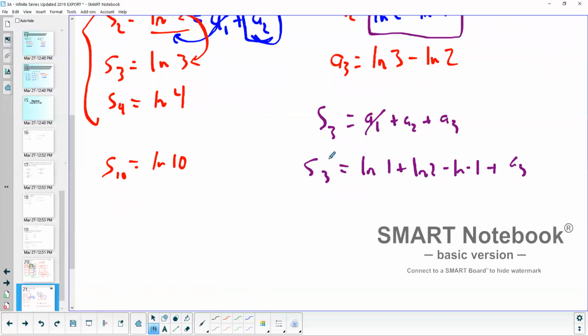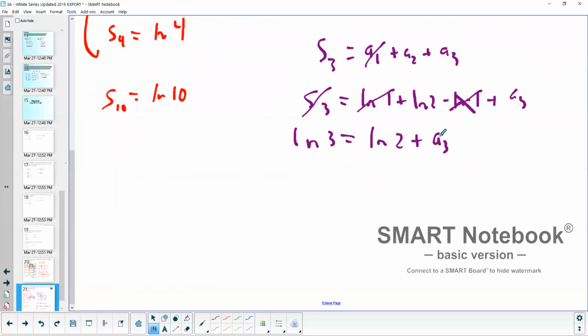And so now I already know that the third partial sum was equal to the natural log of 3. And notice here I have the natural log of 1 minus the natural log of 1, and that cancels. And so that leaves me with the natural log of 3 is equal to the natural log of 2 plus whatever the third term in the series is.